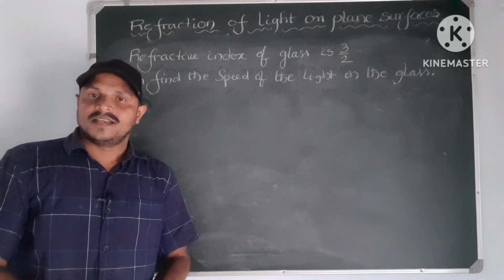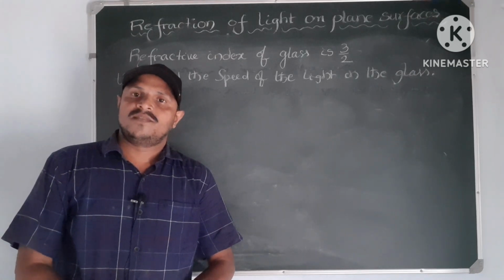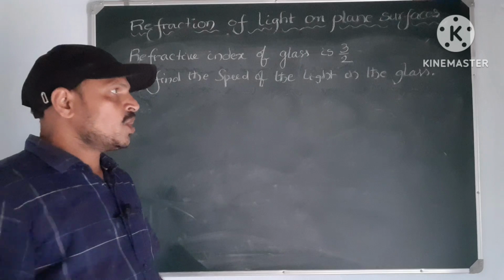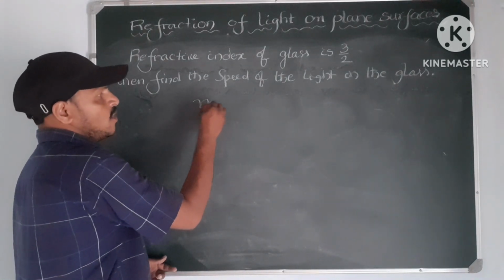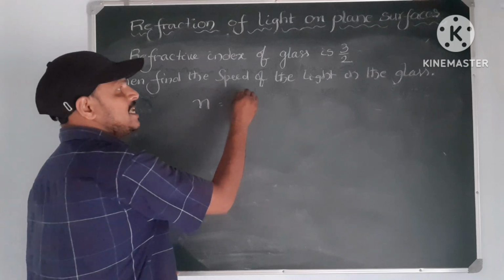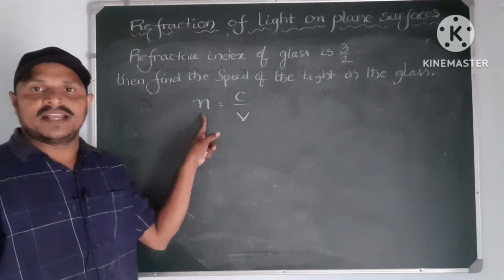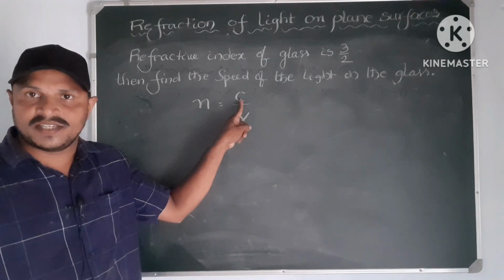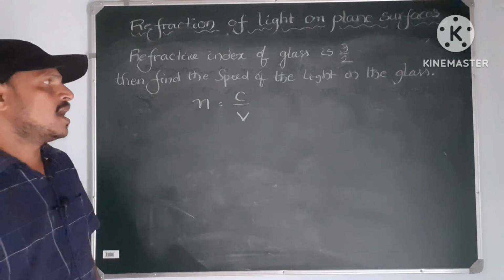The refractive index of glass is 3 by 2. Then find the speed of light in glass. You know the refractive index formula, n is equal to c by v. Refractive index is equal to the speed of light in vacuum by the speed of light in the given medium.